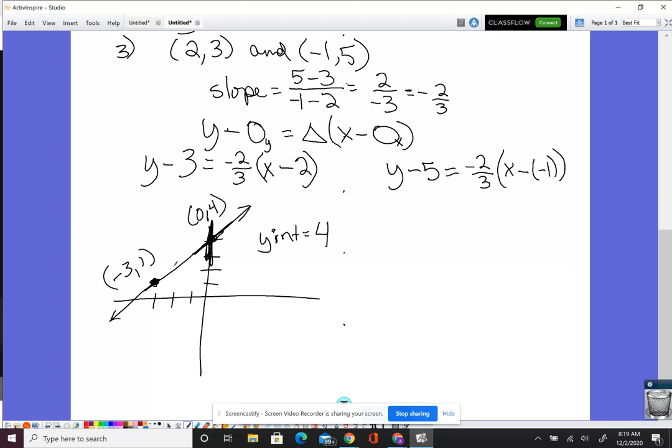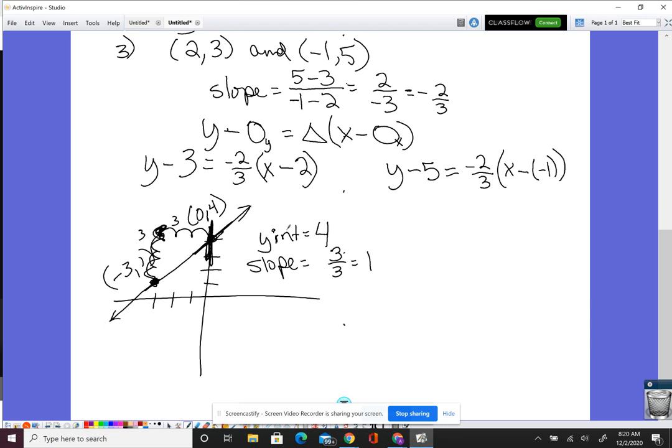Can you tell me the slope? So how much do you rise? You rise up 3 units to get up to 4. I did a really bad job of doing my little things. 3 units up and 3 units over. So what's my slope? 3 over 3, yeah. So my slope is 1.